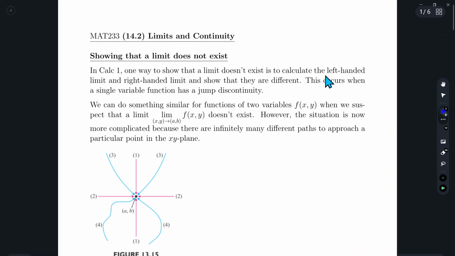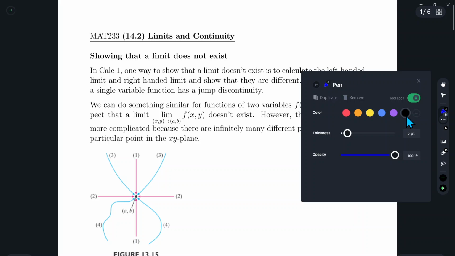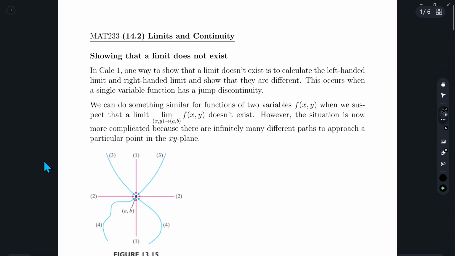is to calculate the left-handed limit and right-handed limit and show that the two values are different. This typically occurs when a single variable function has a jump discontinuity. So let me quickly draw such a situation in the corner here.